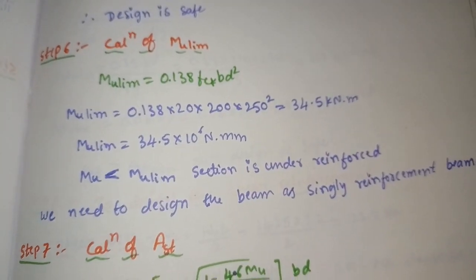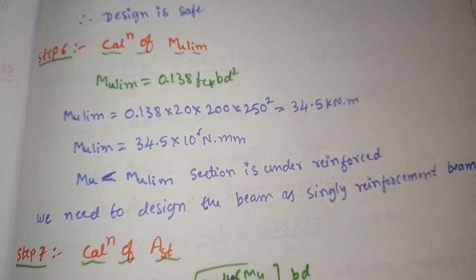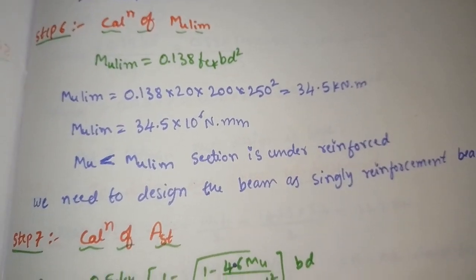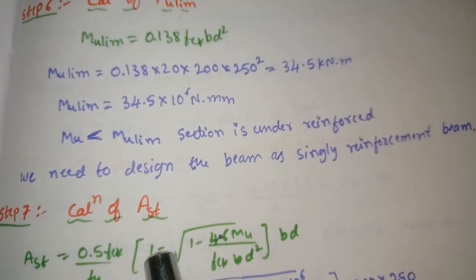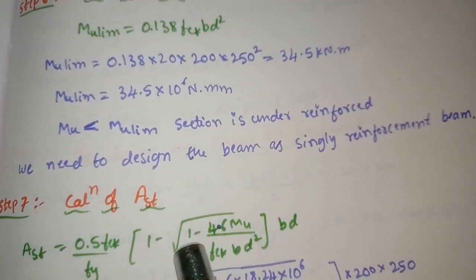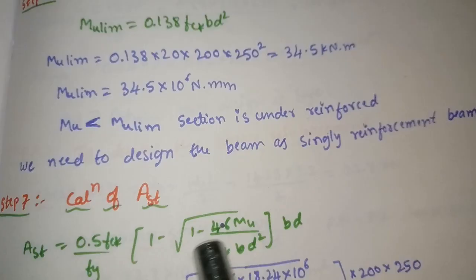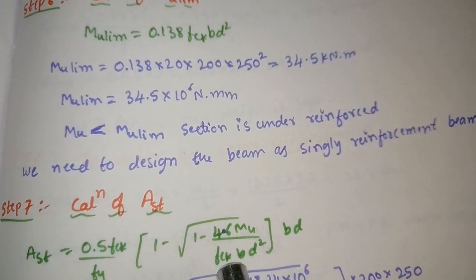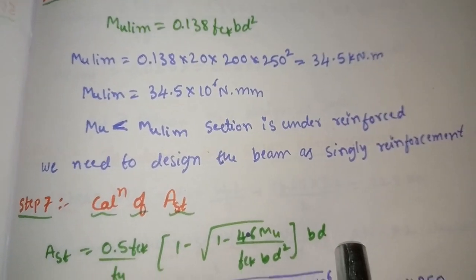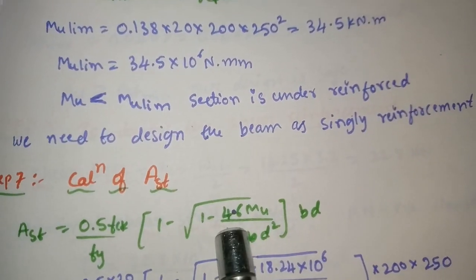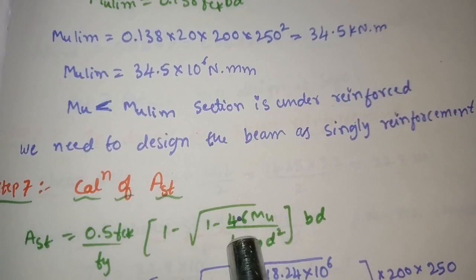One is by simply using the formula: AST is equal to 0.5 FCK divided by Fy, bracket 1 minus under root of 1 minus 4.6 Mu divided by FCK into B into D square, bracket close, into B into D. By remembering this formula, you can easily calculate the AST.